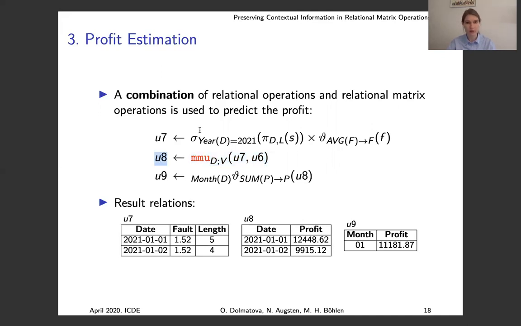While the shift length in 2021 is given, and we just need to select the proper values, proper tuples, the fault in 2021 is not given, of course, and we estimate it by taking the average fault in 2019. So this is a true example of a combination of algebras. You have a selection, you have a Cartesian product followed by a relational matrix multiplication, and followed by an aggregation again.